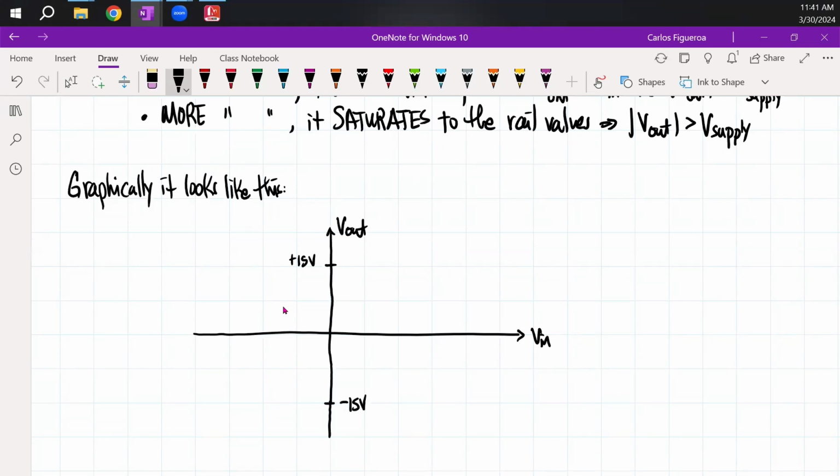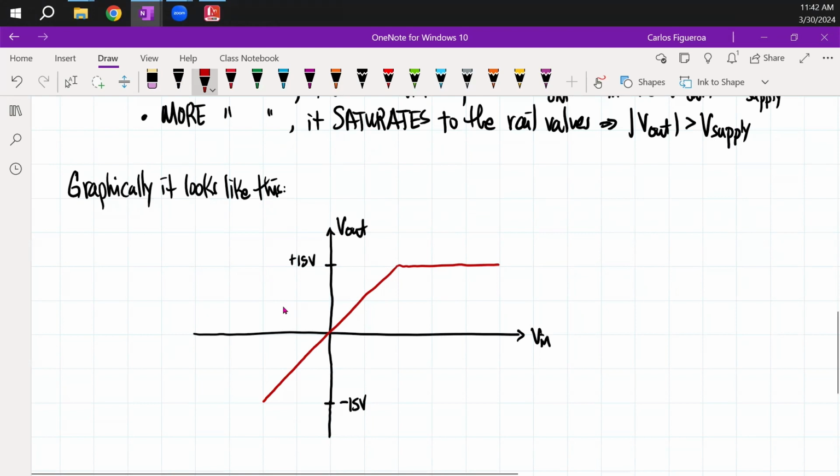So if I have a gain where it behaves linearly, then I'm going to go like this here. But as soon as I try to exceed it, it flattens out.